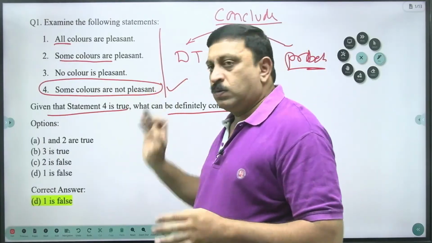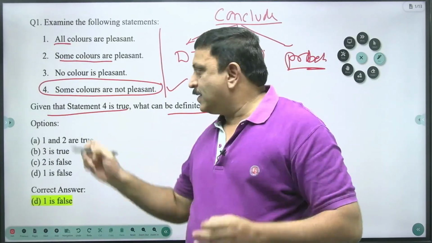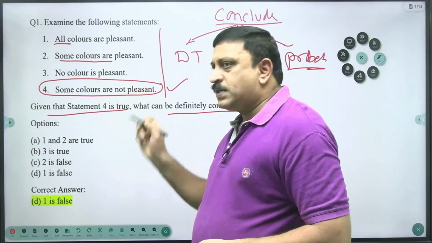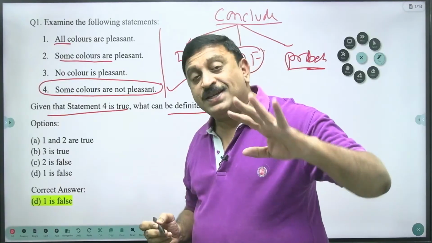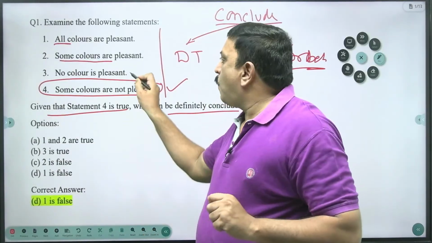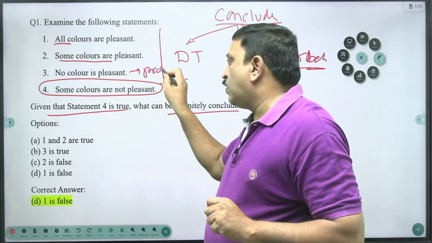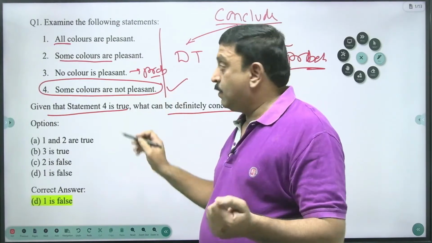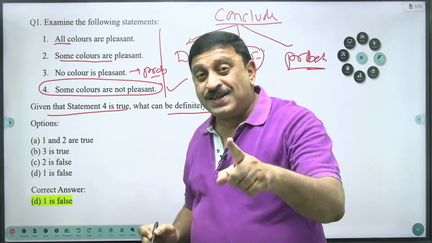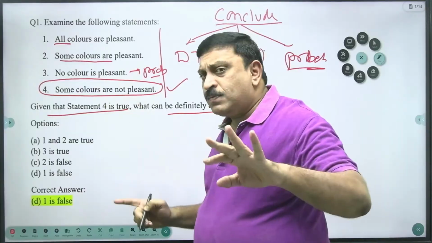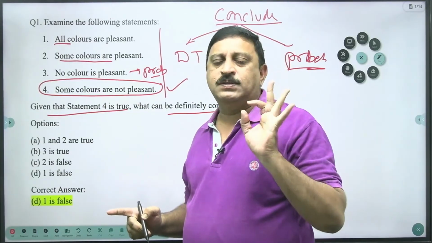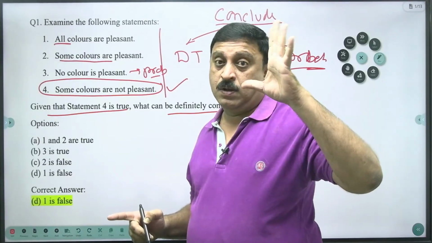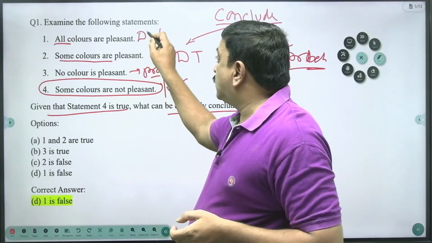If some colors are not pleasant is true, then "no color is pleasant" is a probability. It is a probability. But all colors are pleasant is definitely false, because some colors are not pleasant. Definitely false, right?